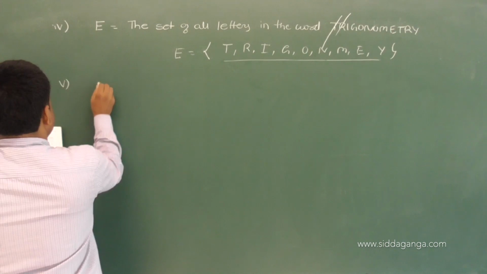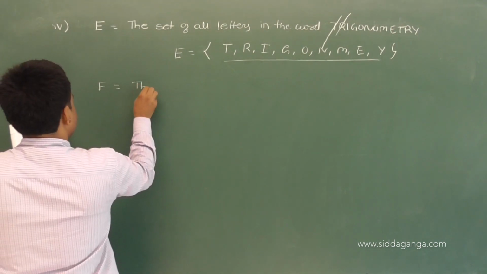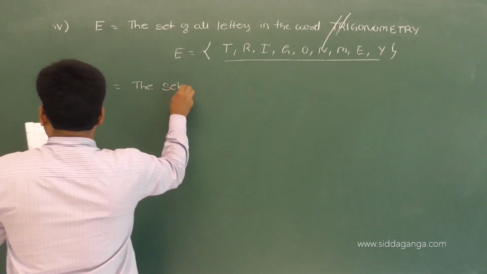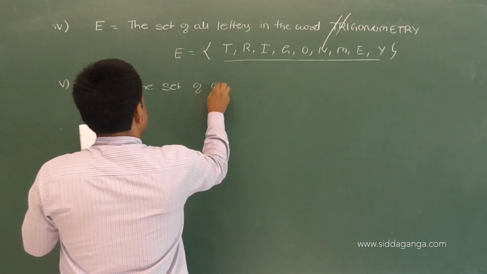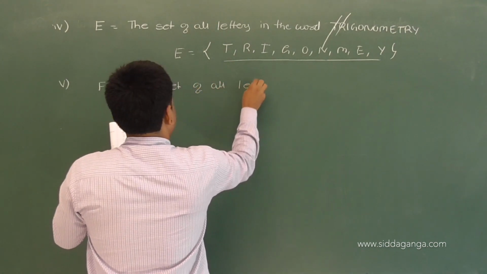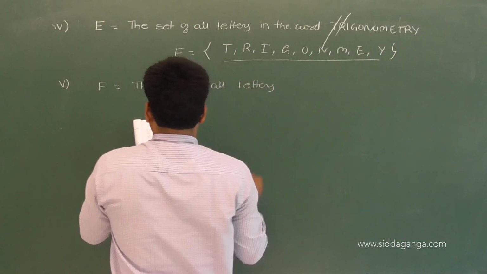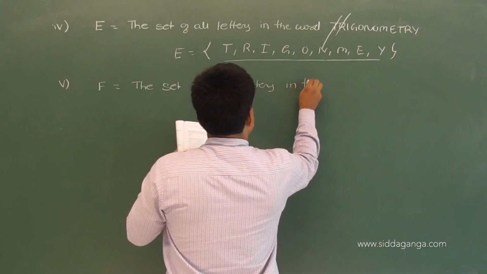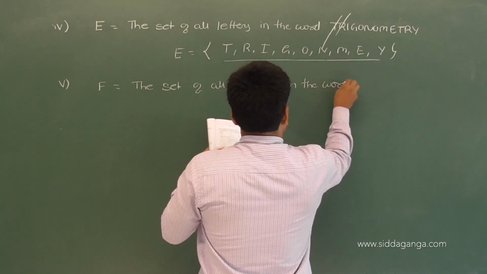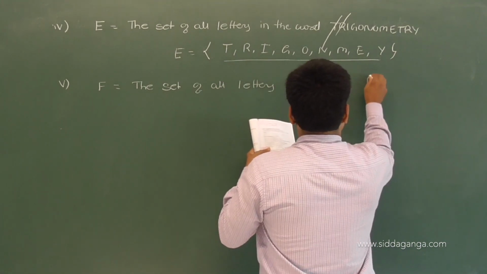Fifth one. F is equal to the set of all letters in the word better.